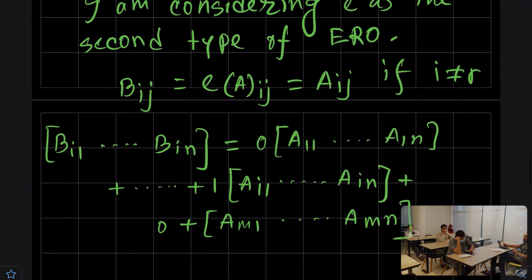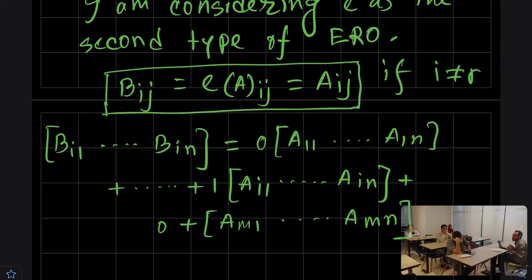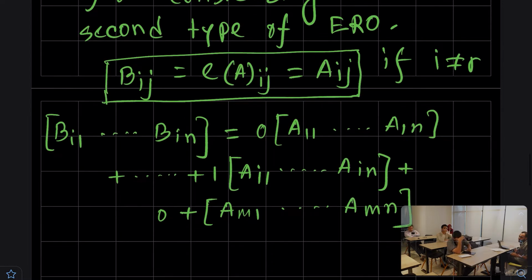So Bij is equal to E(A)ij. For this row, Bi1 to Bin, this is just 0 times A11 to A1n plus, so this is actually the linear combination of the rows, right?